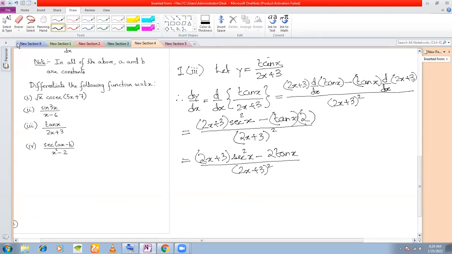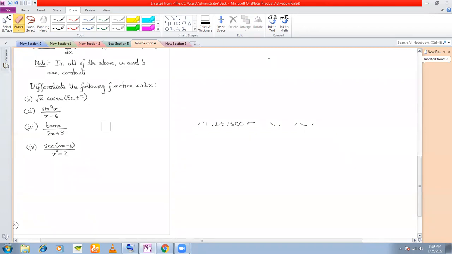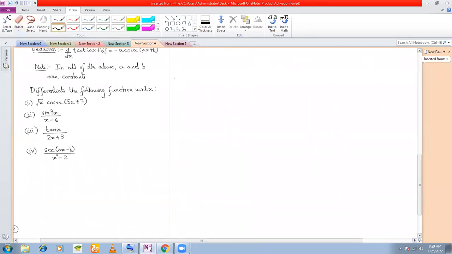So I'll proceed with the last question. Question here is y is equal to given function sec ax minus b divided by x square minus 2.